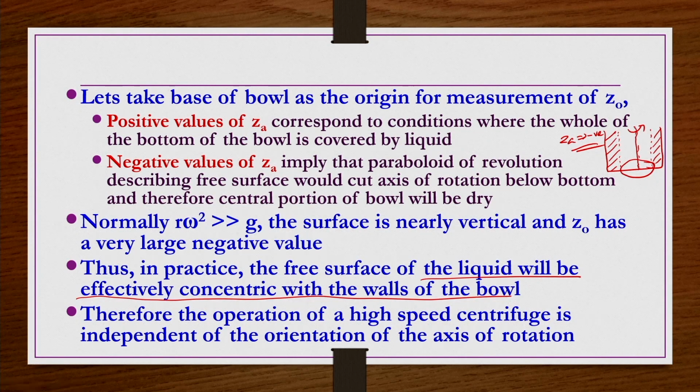Therefore, the operation of a high speed centrifuge is independent of the orientation of the axis of rotation, whether you are rotating along the vertical axis, the horizontal axis or at some intermediate angle, because at high speeds the liquid layer is attached to the walls without any relative slip. Okay. So, this is about the shape of the interface of a liquid in a centrifugal field, and that derivation we have seen.